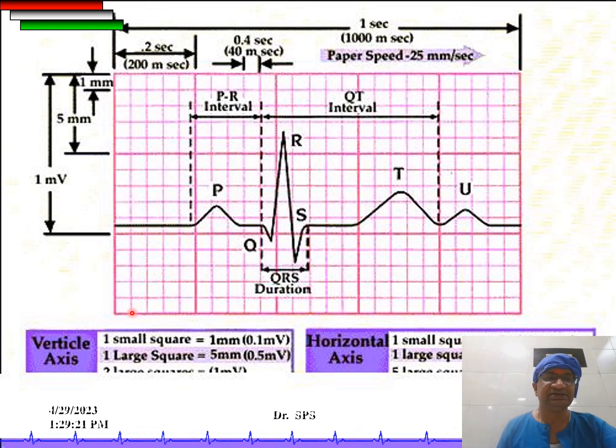A small square is 0.02 second, and a big square is 0.4 seconds. 0.4 plus 0.4 is 0.8, this is 0.8 seconds. This is what we should be very clear about. This is 1 millivolt and this is 10 millivolts.